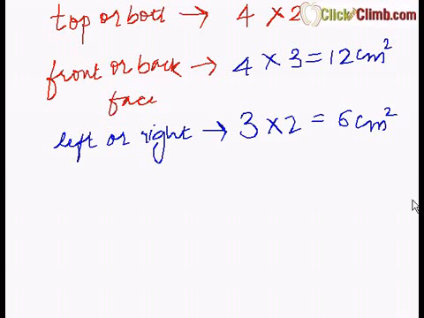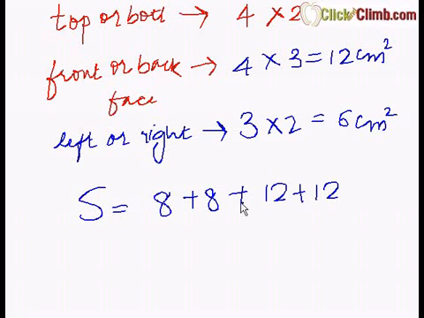Okay, so now we add up all the things. Alright, so put it together and add up, so we'll get 8 plus 8, because there are two faces, top and bottom. Then we add 12 plus 12 for the front and back. Now we add 6 plus 6 for the left and the right.